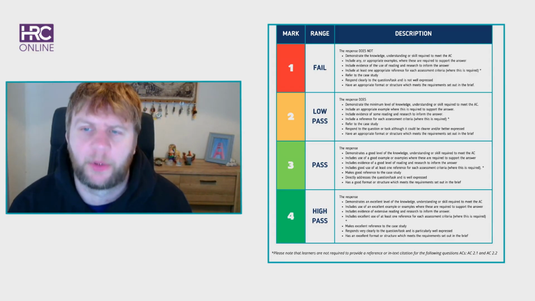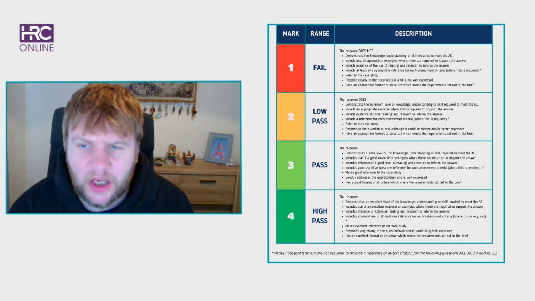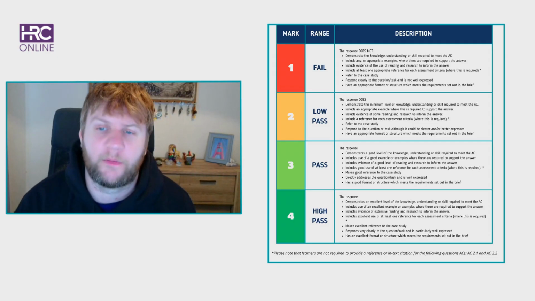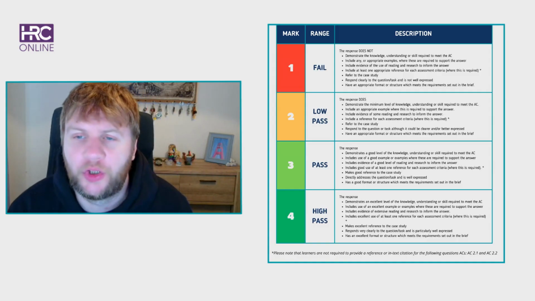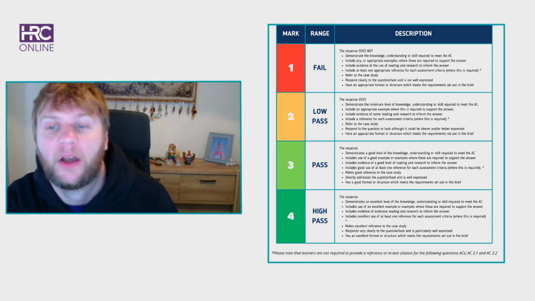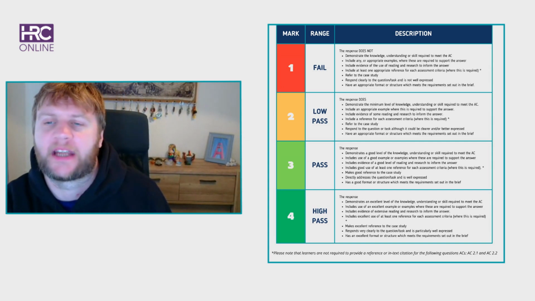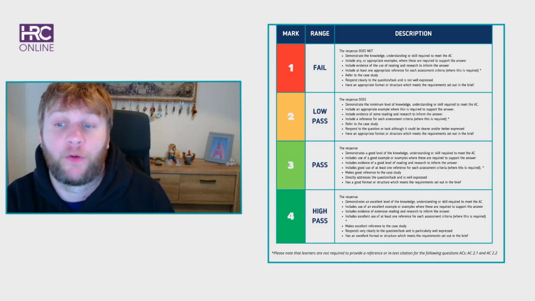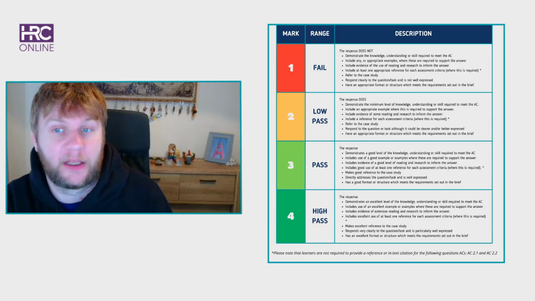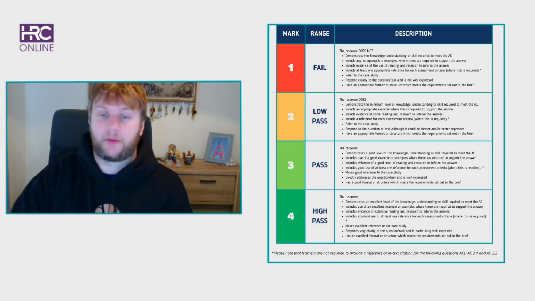This includes a good example or examples where required to support your answer, includes evidence and a good level of reading and research to inform your answer, includes good use of at least 1 reference for each assessment criteria, makes good reference to the case study and directly addresses the question as expressed, and has a good format or structure which meets the requirements set out in the brief. At least 1 reference, addresses the verb, addresses all elements of the question. That's what they're asking you to do here. That's what we need to ensure that we do.